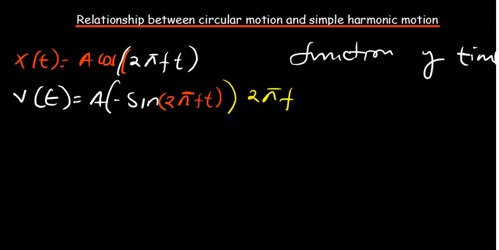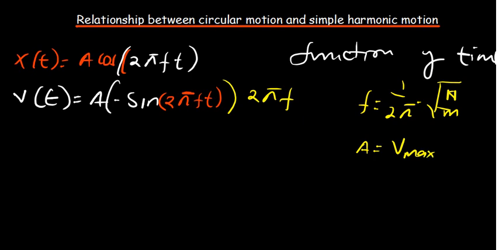Okay, if we remember very well, we said the frequency is equal to 1 over 2 pi times the square root of k over m. Again we said the amplitude is equal to V max times the root of m over k.